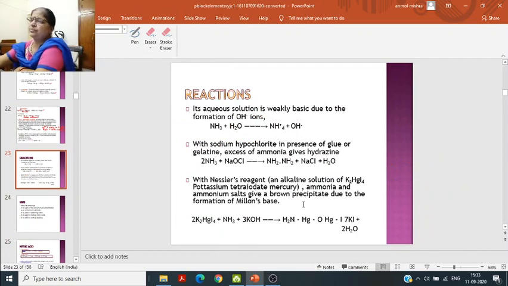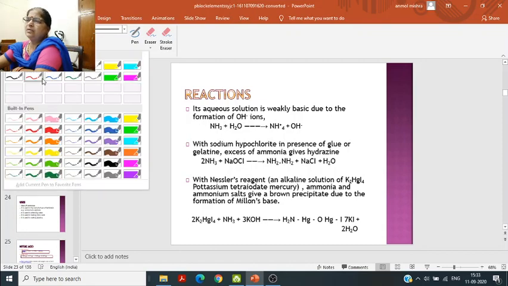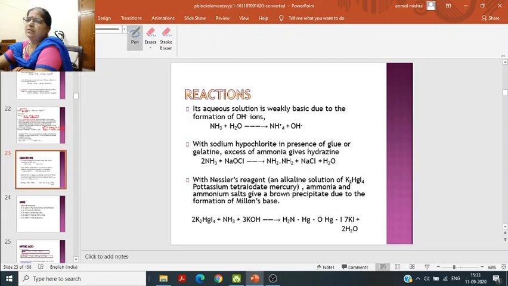Now when ammonia dissolves in water, it forms ammonium hydroxide.